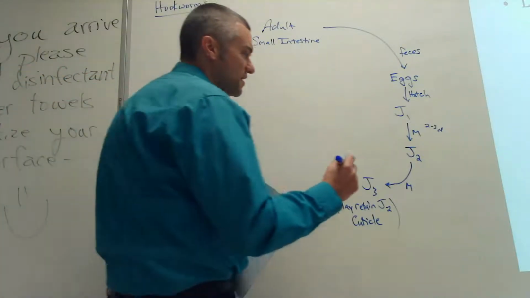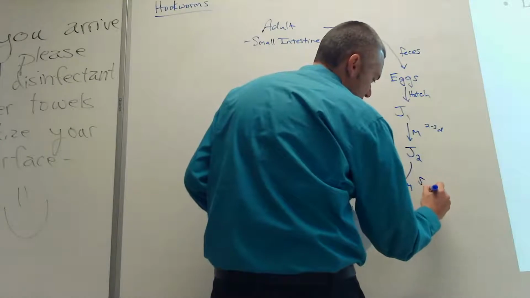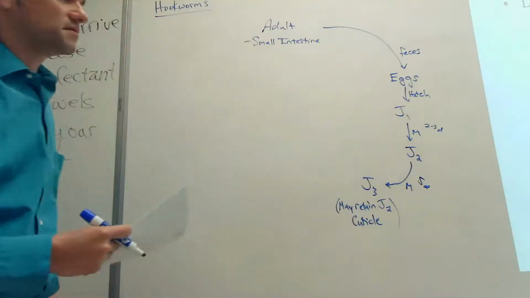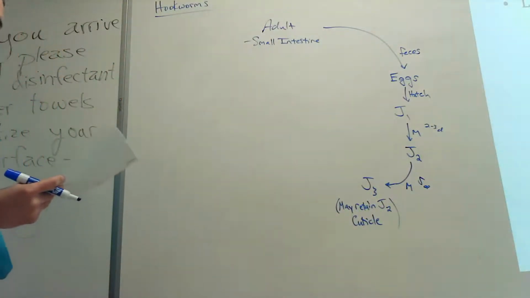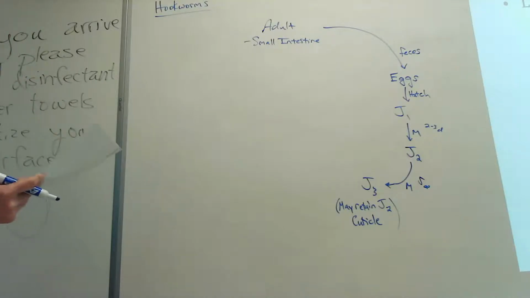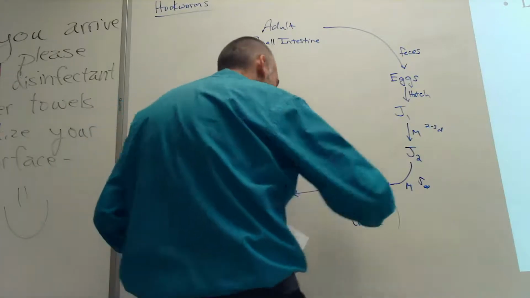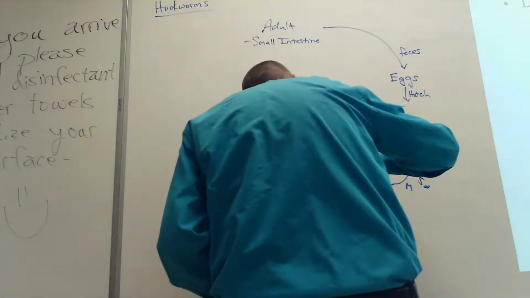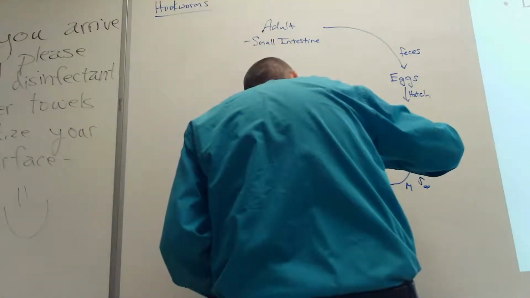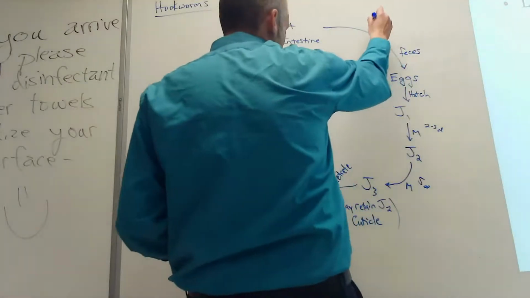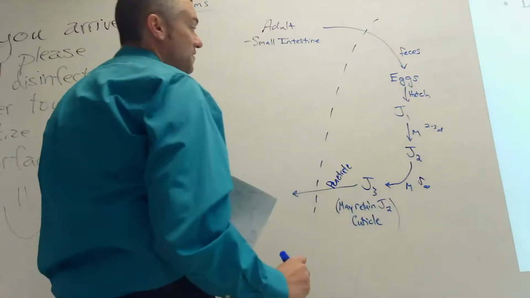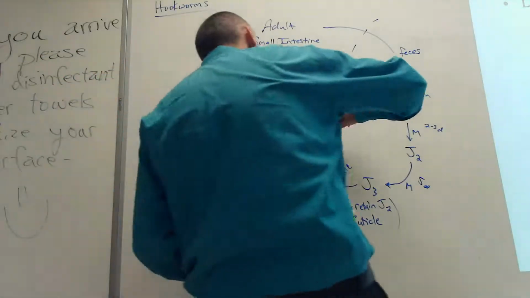This is about 5 days or so. Now we're at the stage that is infective to our host. And our J3s now will penetrate the skin of that host. All right, so we're out in the environment here.